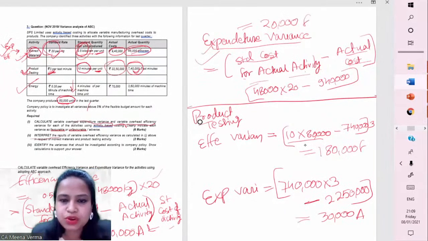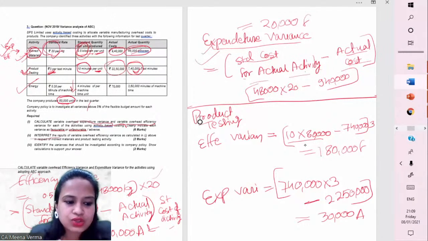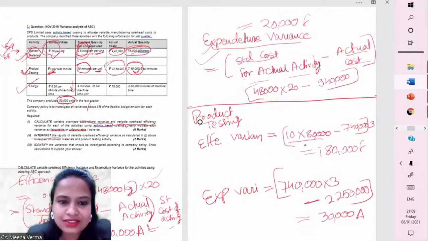Why? It might be possible that you lost some material during manufacturing, or you received some inferior product, or some obsolete raw material, or you have not received the material as per your specification. So many reasons because of which you are using more raw material than the standard.